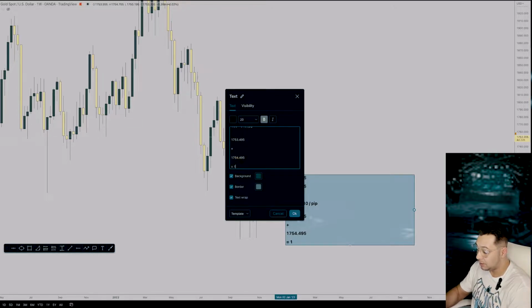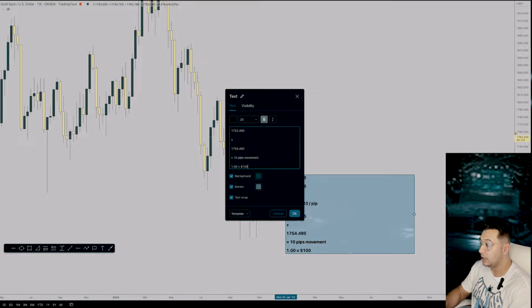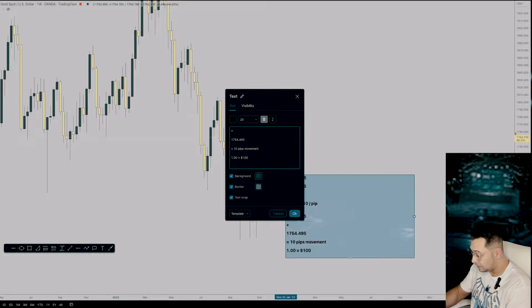That equals 10 pips, a 10 pip movement. If gold moves $1 in price, it's 10 pips. So if you had a one lot on that, that would be $100, because $10 a pip, 10 pips, $100.